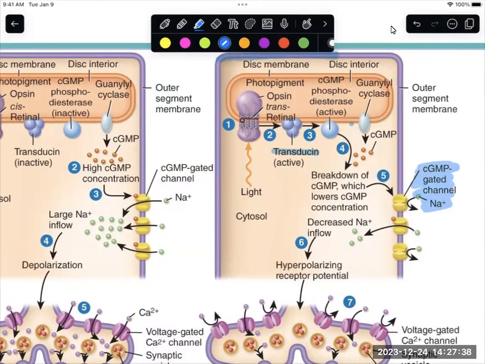Because we have this membrane up here of this rod, this top disc is what is bringing in the light.